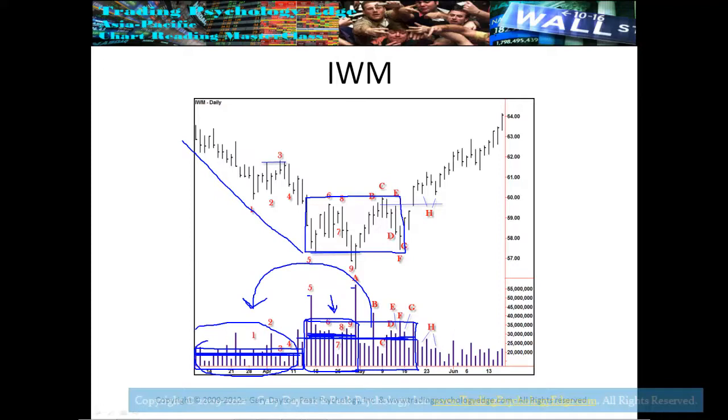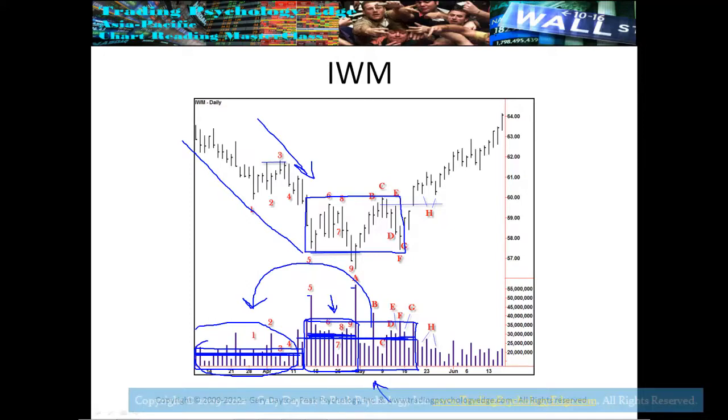This is a hallmark of accumulation, where we see this volume increase and the market is trading sideways, not going up and refusing to go down after we've been in a downtrend. After we've been in a downtrend.